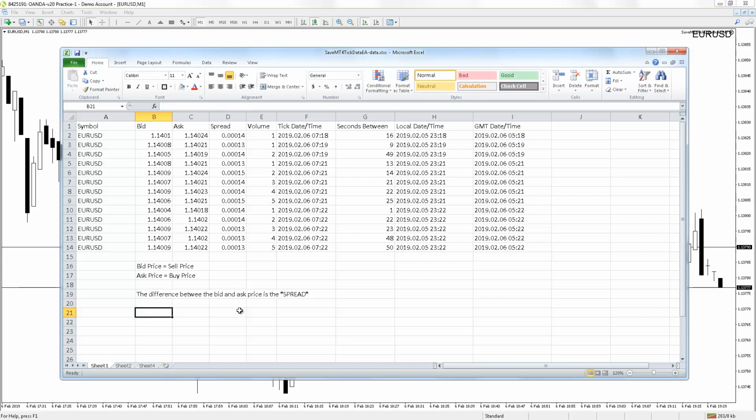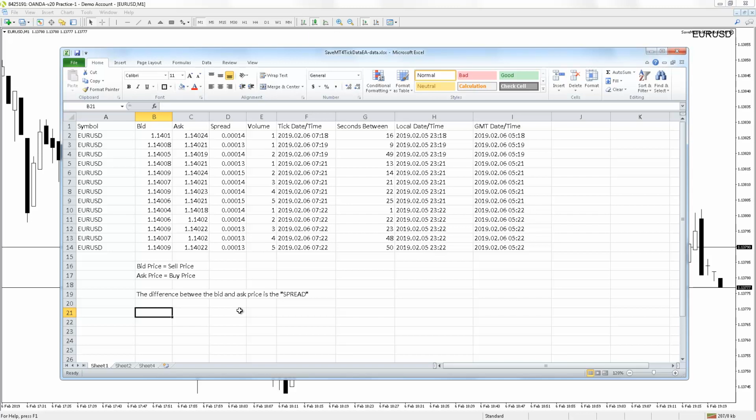And those are the basics right there. So we have the symbol, the bid column, the ask column, the spread column. So I'm doing the math for you right out of the gate. So you have the spread value.